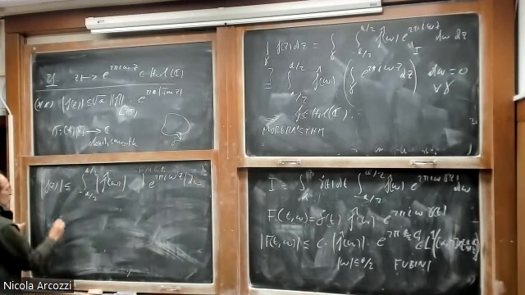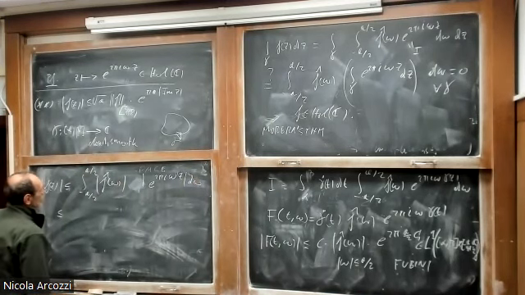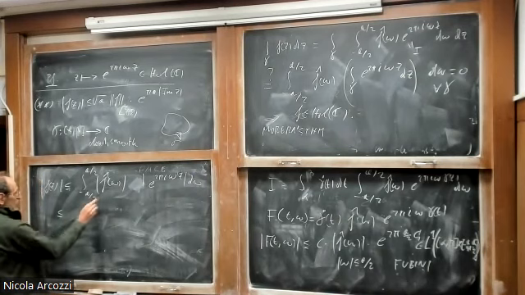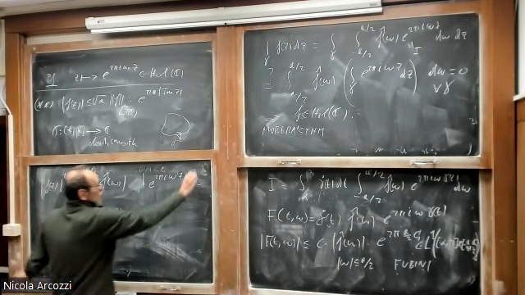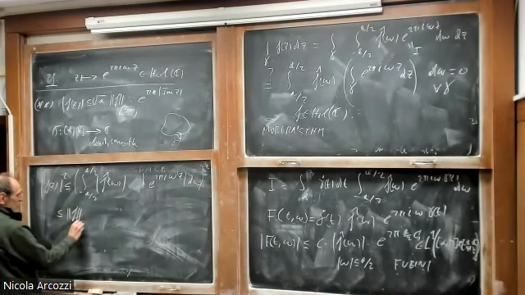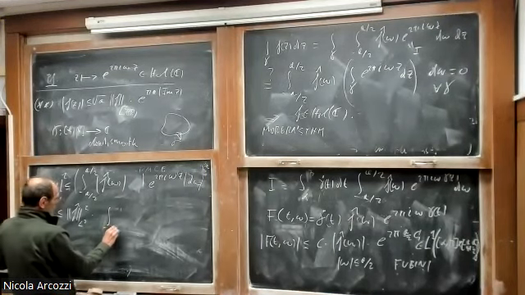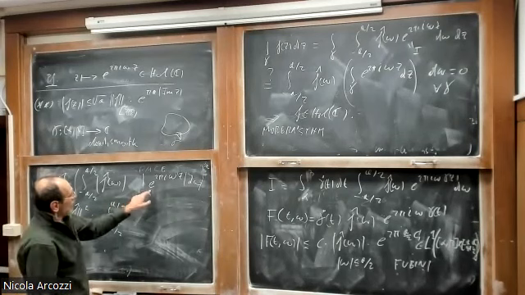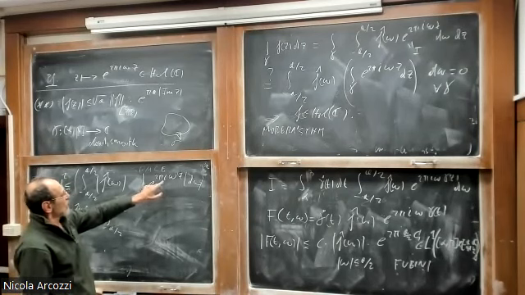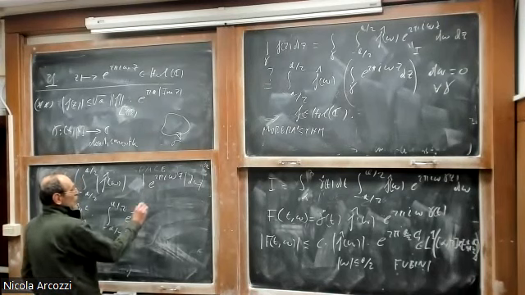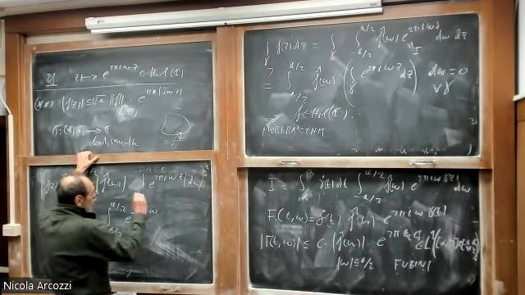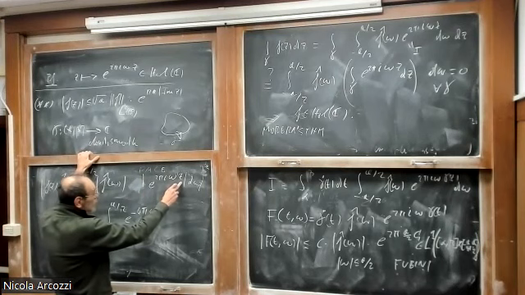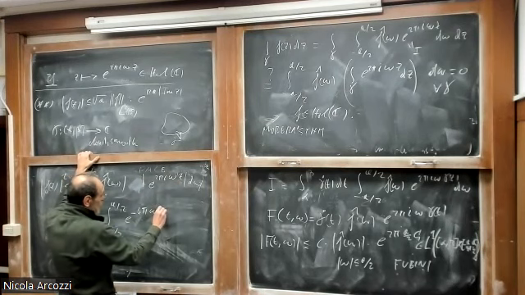Okay, but the sheet part is lesser or equal than the norm of f hat squared, take the integral between minus a over 2 and a over 2 of the real part of that, which is e to the minus 2 pi omega, and here I get the imaginary part of z.